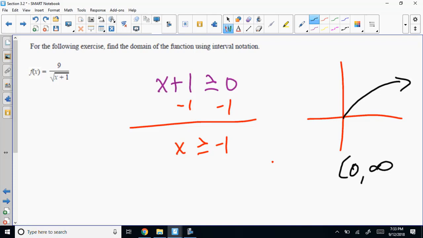But we're going to have a discussion. Because this says x has to be greater than or equal to negative 1, right? Correct? But if I plug negative 1 in there, what'd I get? 0, okay. And what's the square root of 0?